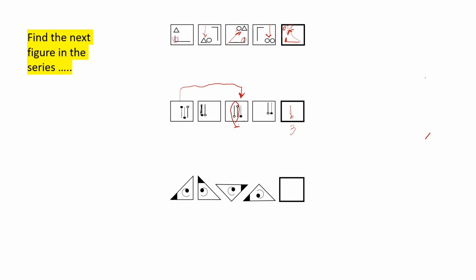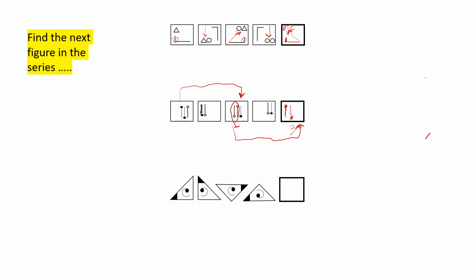And then the first will be the second, but instead of the open circle on top, it will now have a closed circular tip. And then the first object or figure in the third box now becomes the third figure, and now it will flip.